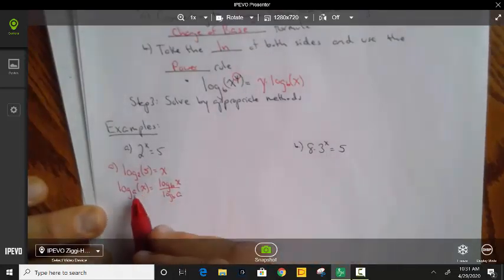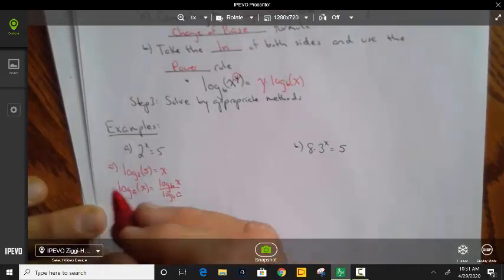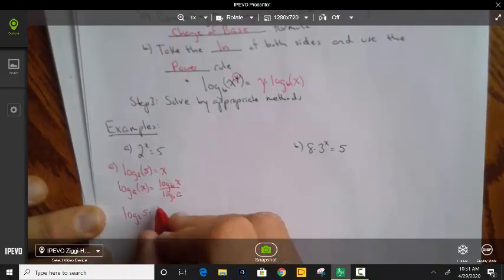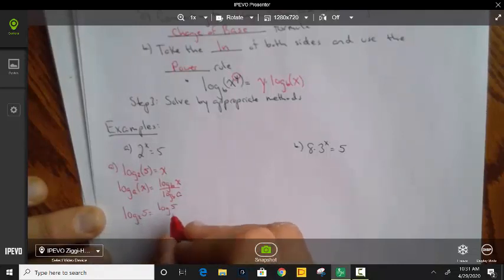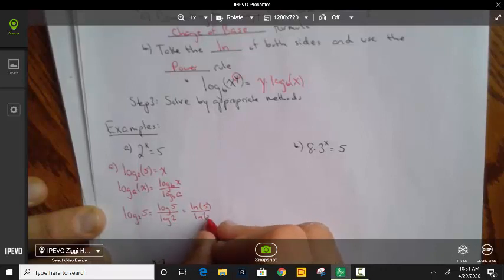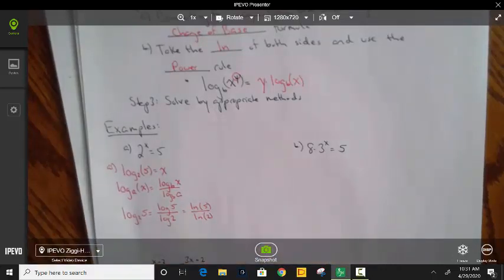So it just says whatever the base is goes on the bottom. So for example here, log base 2 of 5 can be converted to log of 5 divided by log of 2, or we can convert it to natural log of 5 divided by natural log of 2.